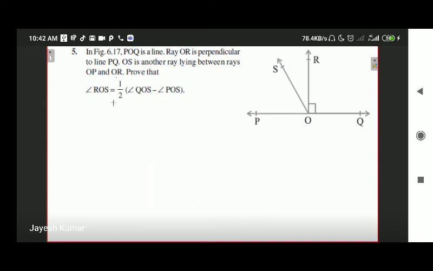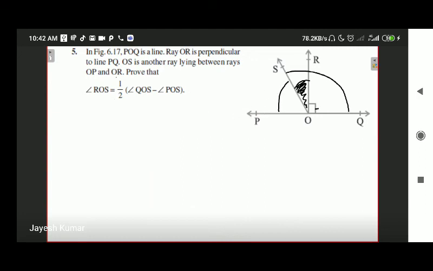Now we need to prove that angle ROS is equal to half of angle QOS minus POS. QOS is this whole angle, minus angle POS, which is this angle. So we have to prove it that way.